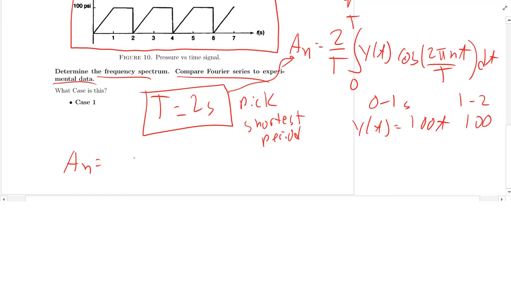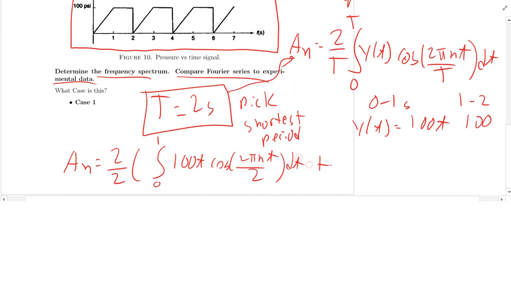So now it's 2 over 2, and I'm going to break it up: from 0 to 1, it is going to be 100t times cosine of 2 pi nt over 2 dt, plus from 1 to 2, 100 times cosine. It gets very relaxing.